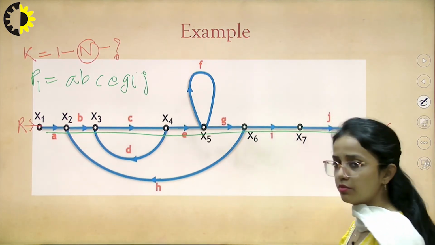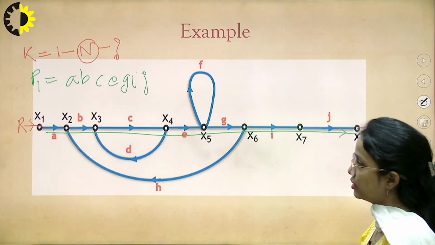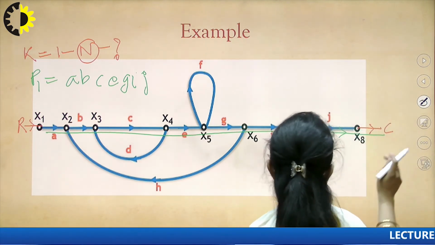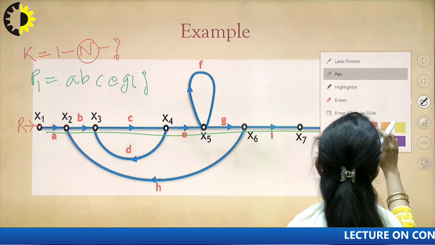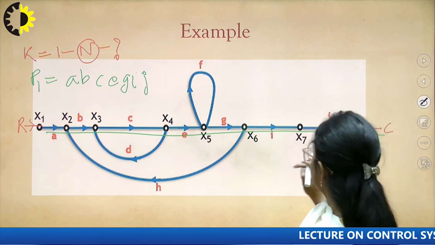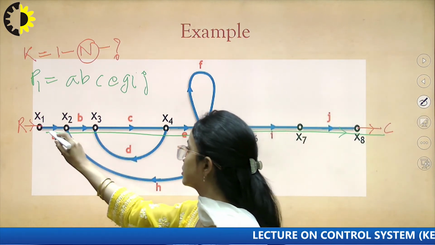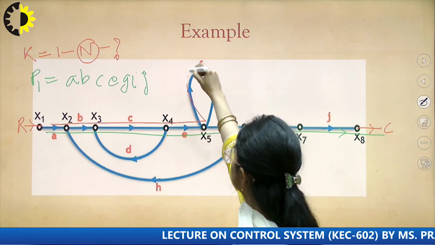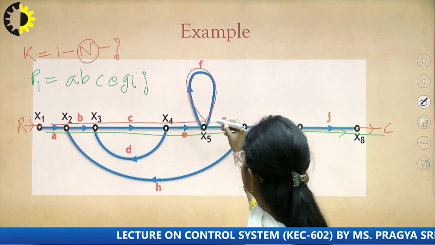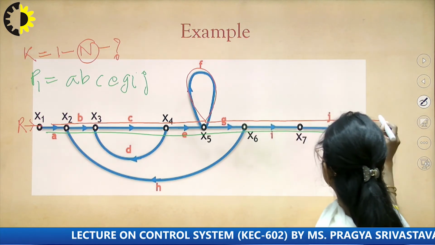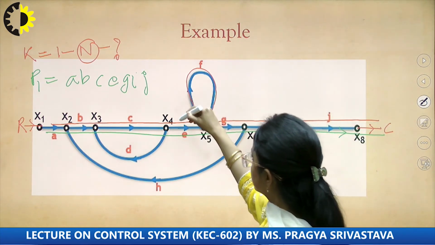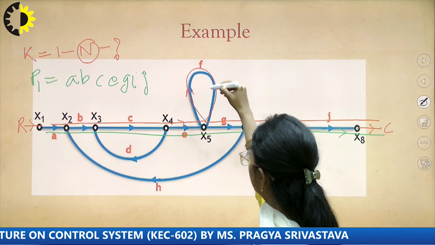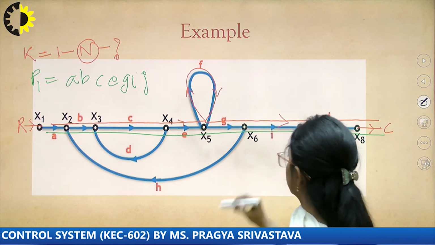Do we have a different path here? Let's see. Imagine a case that we start from here, we take it like this, and then we go like this. So here, of course, the direction is being followed.